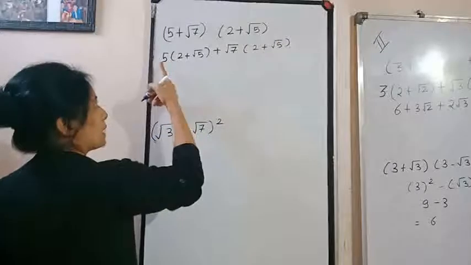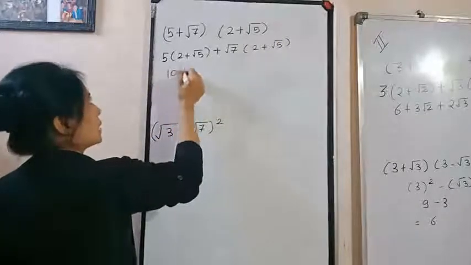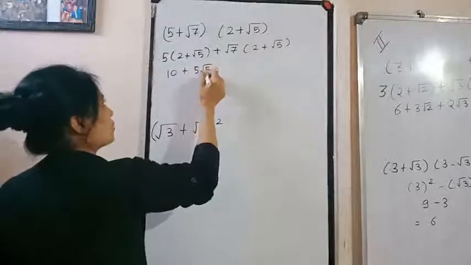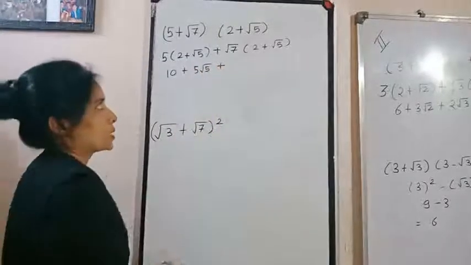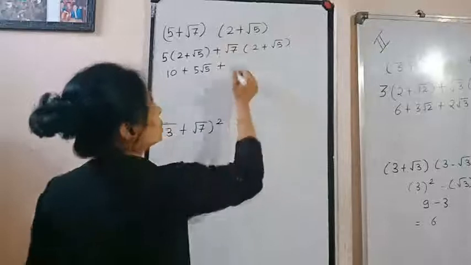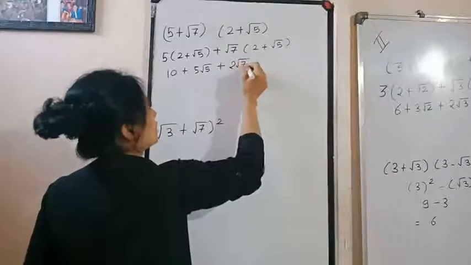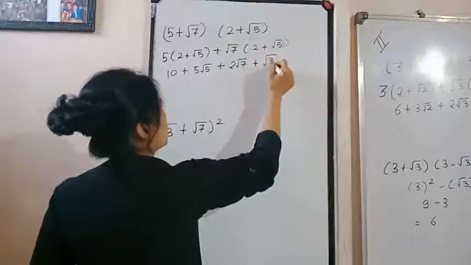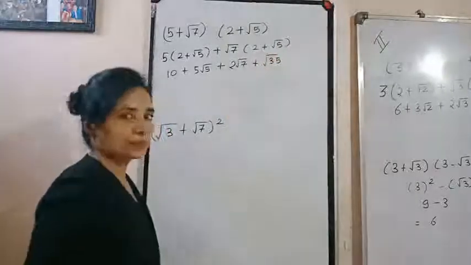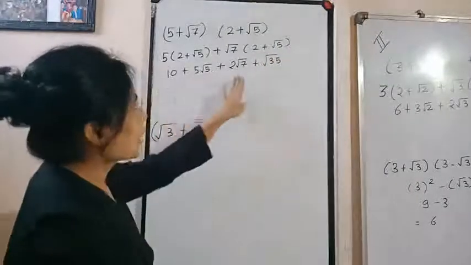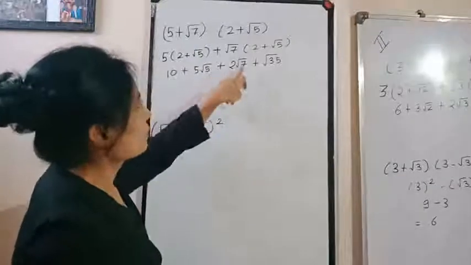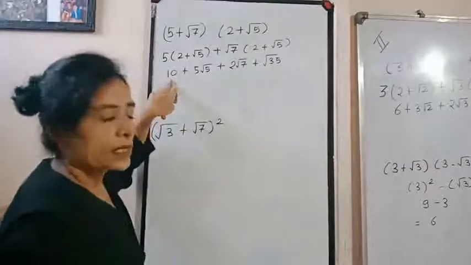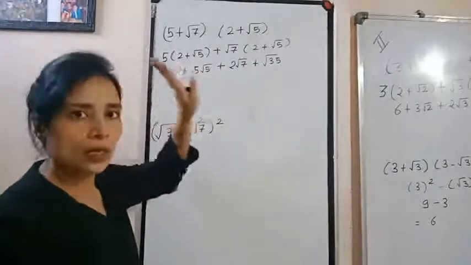Now let us multiply. 5 2s are 10 plus 5 into root 5 would be 5 root 5 plus root 7 into 2 is 2 under root 7 plus, now both are in roots, so under root 35. Nothing can be done because this is root 5, root 7, root 35, all the numbers are different. It doesn't have a like root, so this is your answer.